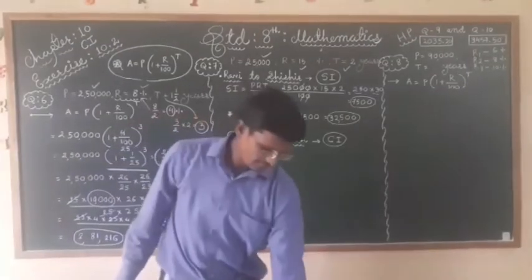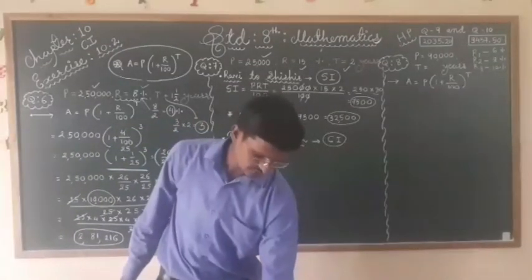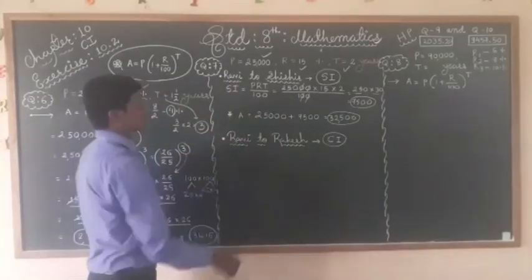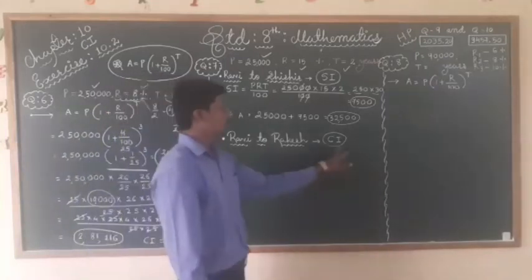Now the next thing we will try to find out is Ravi to Rakesh, that is compound interest.